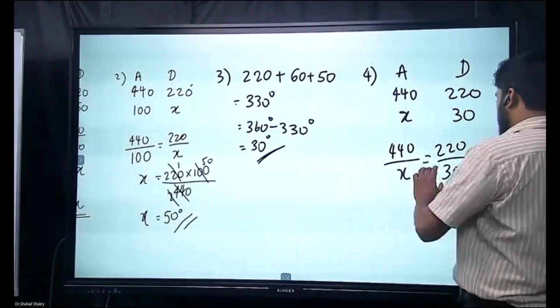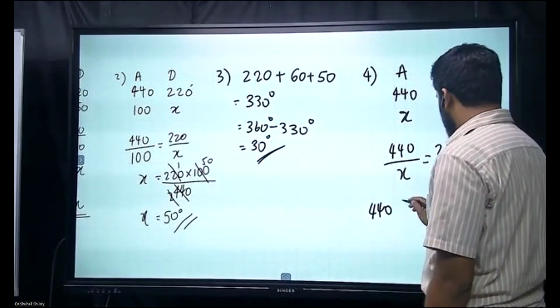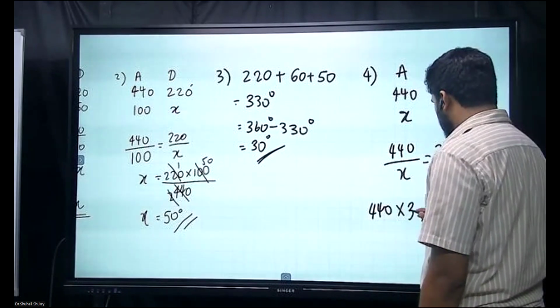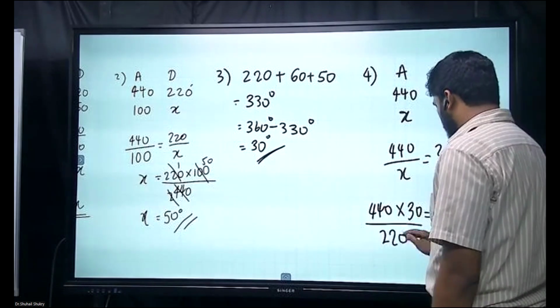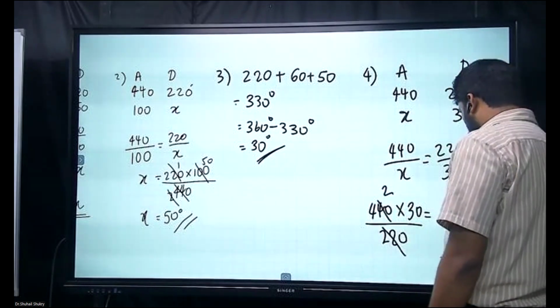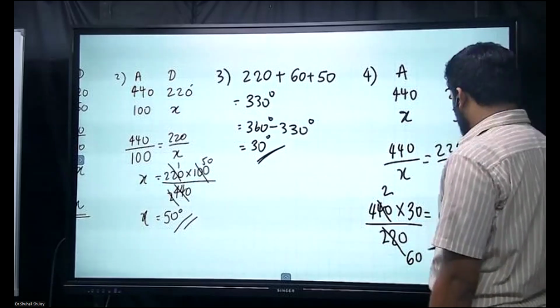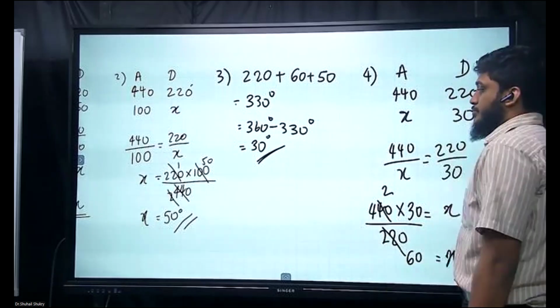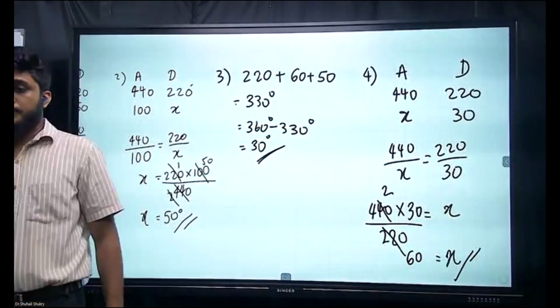Then division X to other side becomes multiplication X. Already 440 is here. Division 30 goes to this side, meaning multiplication 30. Multiplication 220 goes to this side, meaning division 220. You can simplify this. You get 2 here. So X will be equal to how much? 60. X is what? Amount. So 60 students. Okay. Is it 100% clear now?